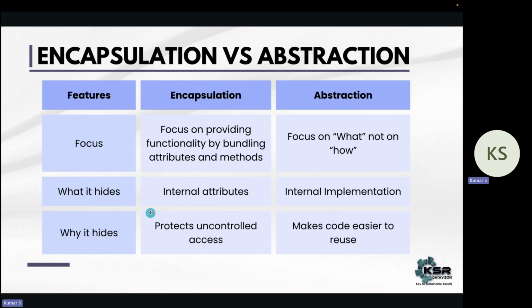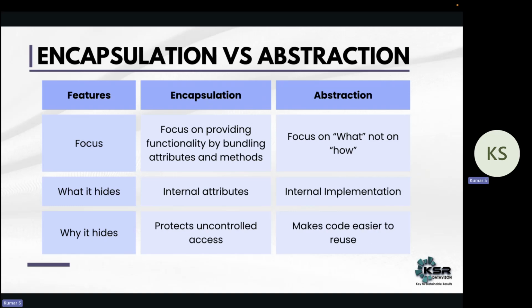Okay. Now let's see why we are hiding this. In encapsulation, we hide to protect against uncontrolled access. In encapsulation, you need not hide all members, all attributes. You might hide only the ones you require based on the functionality you want to provide. Similarly, in abstraction, we hide to make the code easier to understand and easier to reuse.